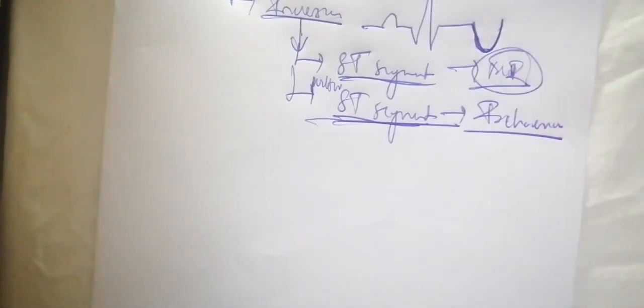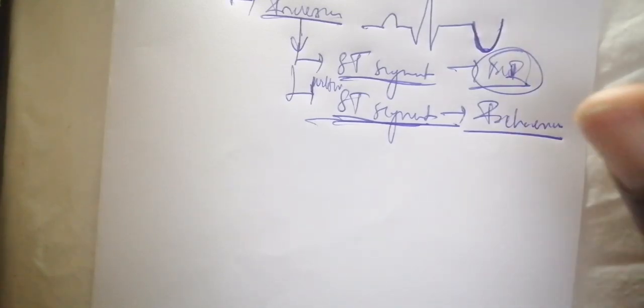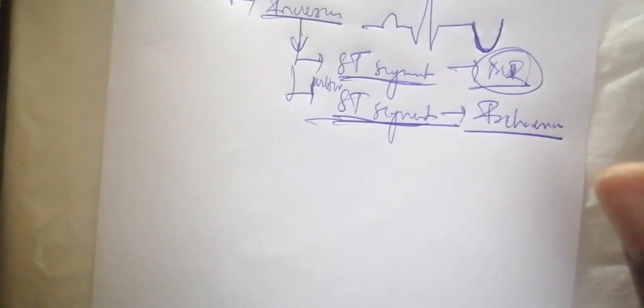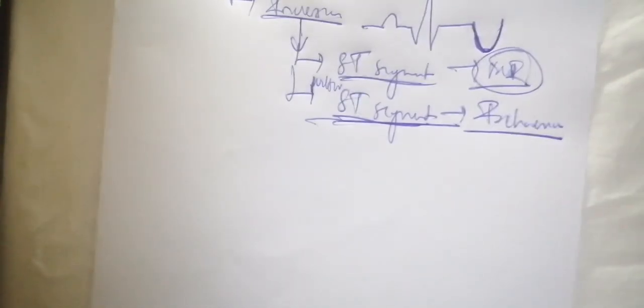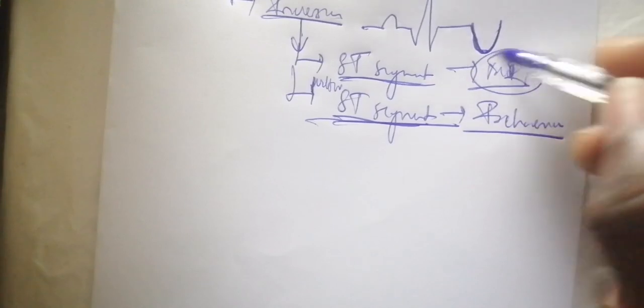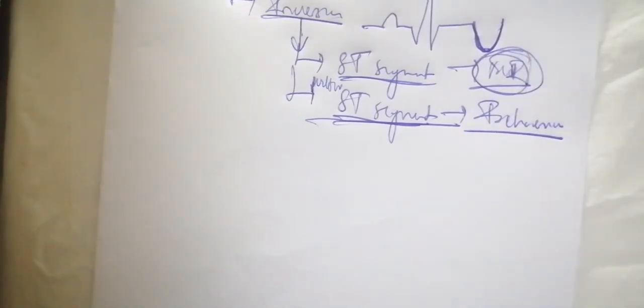And that corresponds to a transmural occlusion of blood, a blood occlusion that affects all through the wall of the heart. It means that all the heart walls are infarcted in the case of a STEMI.